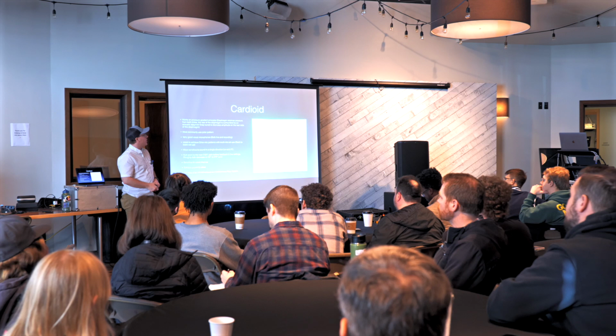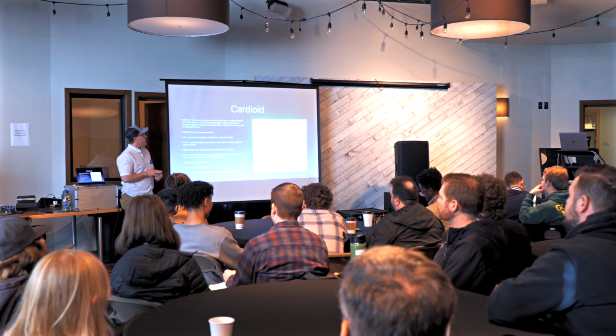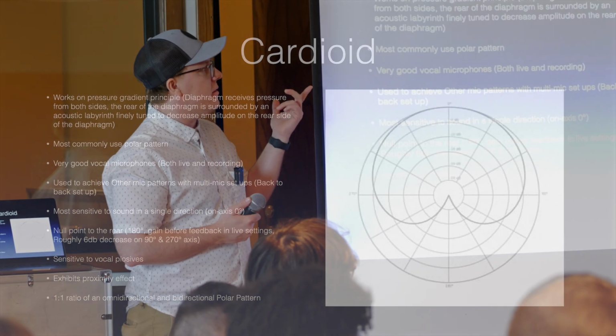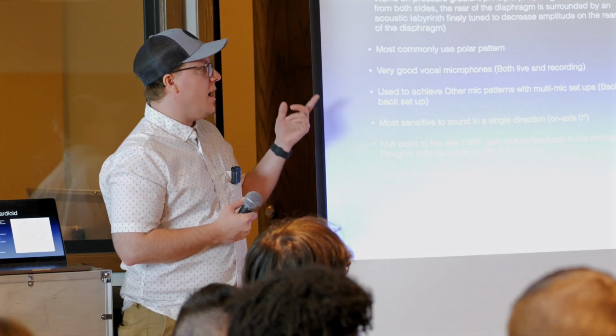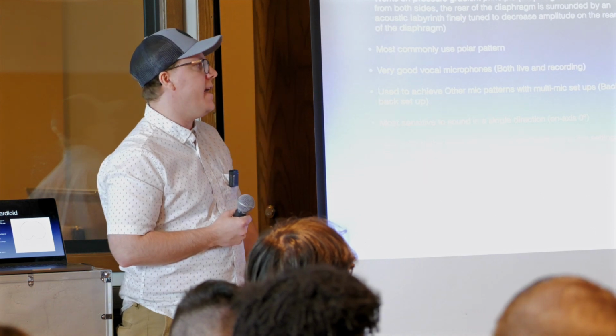Cardioid mics also work on the pressure gradient principle. The diaphragm receives pressure from both sides, and then the rear of the diaphragm is surrounded by an acoustic labyrinth, finely tuned to decrease amplitude on the rear side of the diaphragm. The cardioid polar pattern is the most common polar pattern. It's very good for vocal microphones, both live and recording.